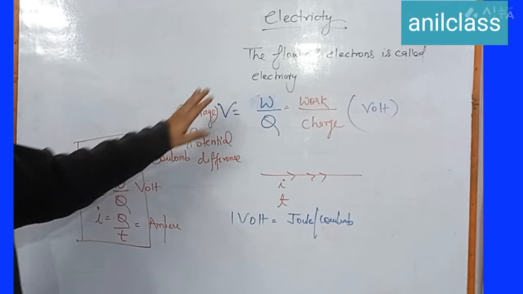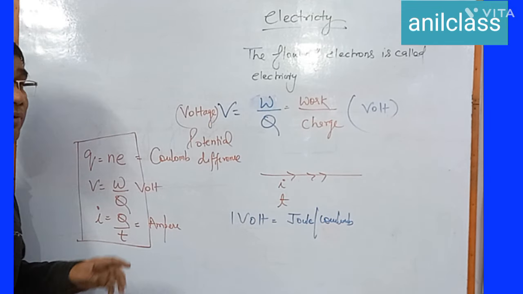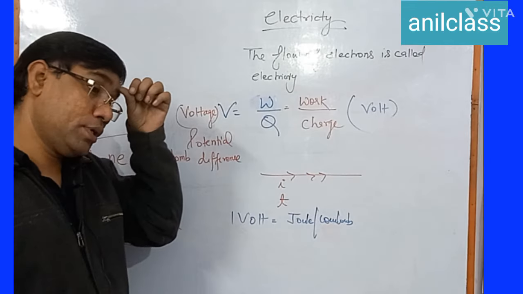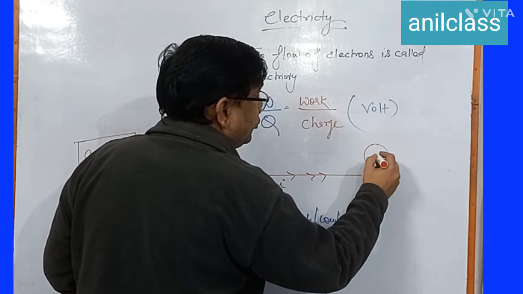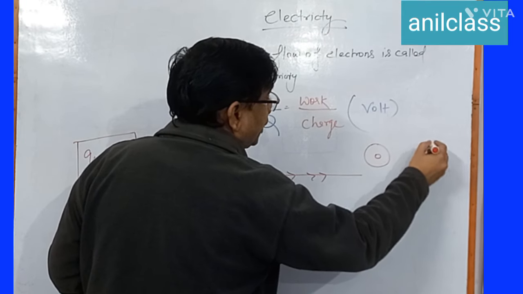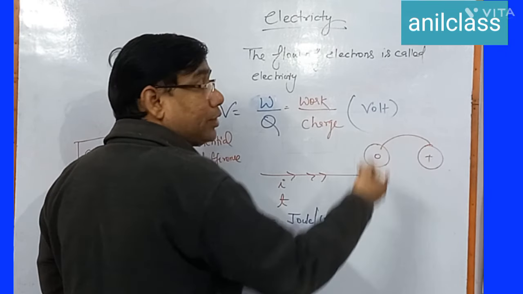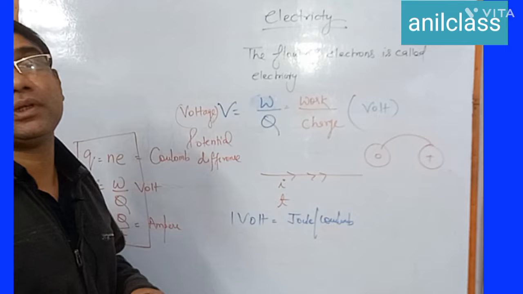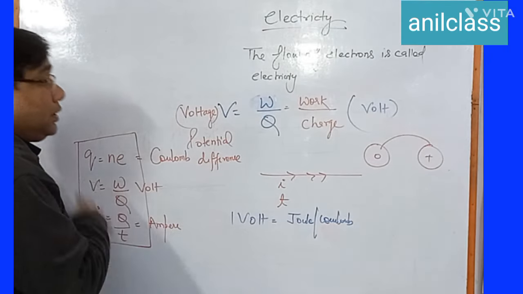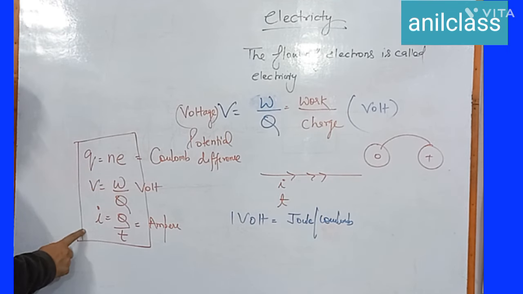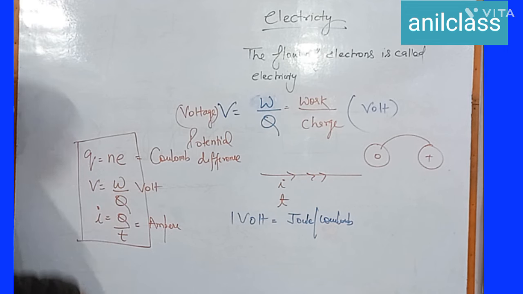Now the flow of electrons: what is voltage? Voltage is also called the potential difference. Suppose there is a zero charge and a positive charge; when we join them, the flow of electrons is from negative to positive. Negative means there is an excess of electrons. So you got three formulas: Q is equal to Ne, V is equal to W upon Q, I is equal to Q upon t.